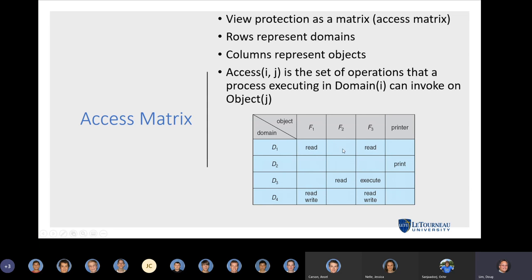Notice how it is sparse, that you do have information where no rights are granted and they are left blank with no access or no privileges on that particular object. So something to keep in mind in terms of how you might go about implementing such an access matrix.